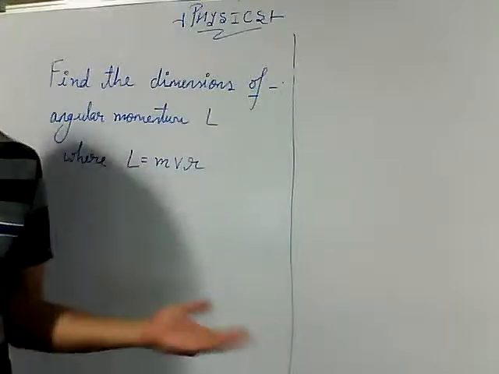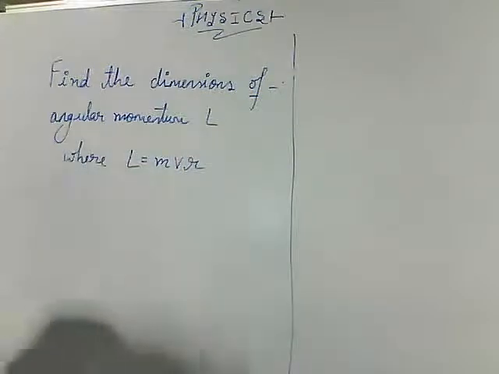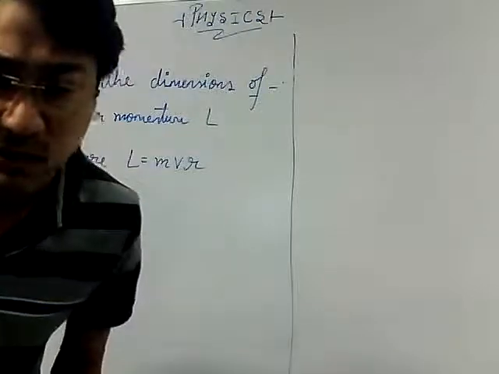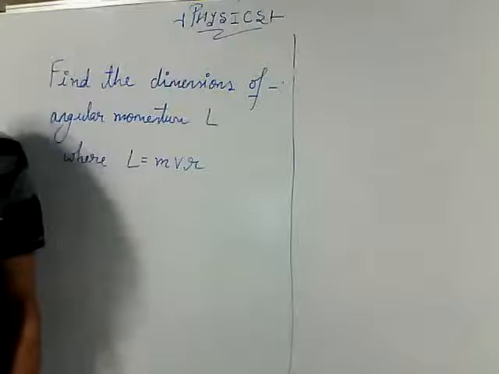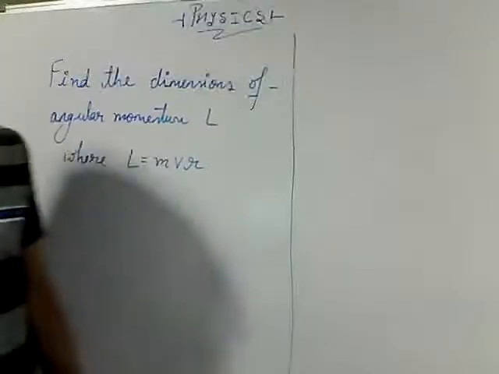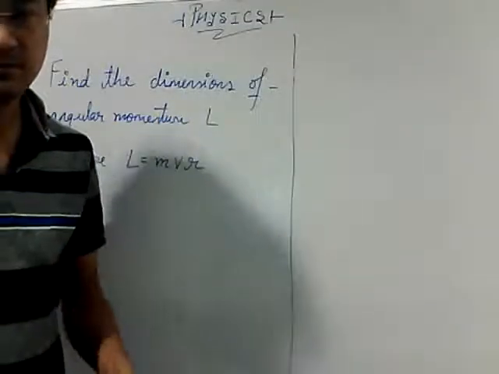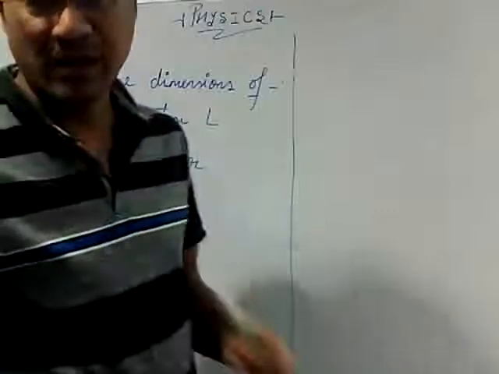See, these are very simple problems. It should not take so much of time. We've got an answer M L2 T minus 1. Chalo. Next, please. Others also come up with the answer. So most of you are having M L2 T minus 1.